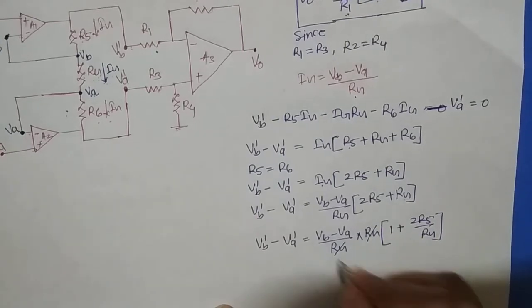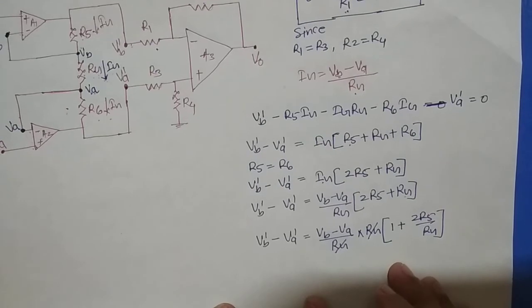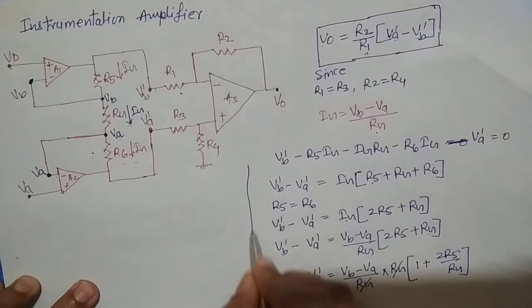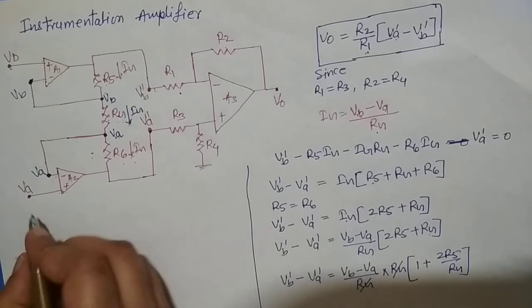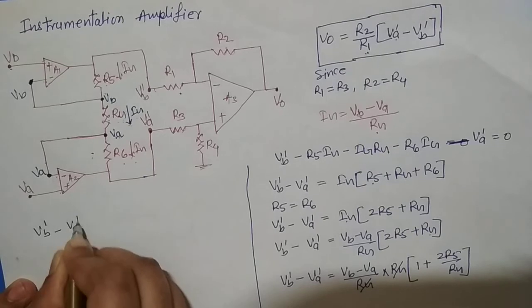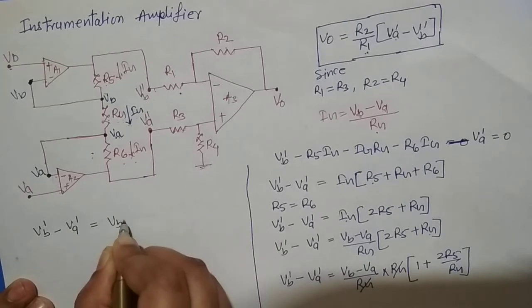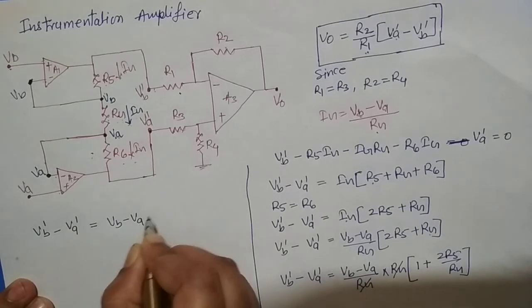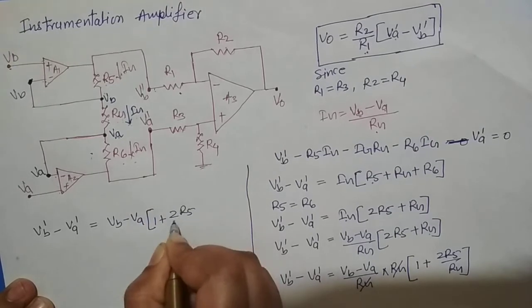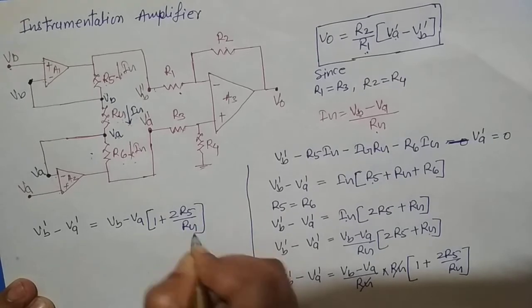This Rg and this Rg will be cancelled out, so the equation will be Vb dash minus Va dash is equal to Vb minus Va into 1 plus 2R5 divided by Rg.